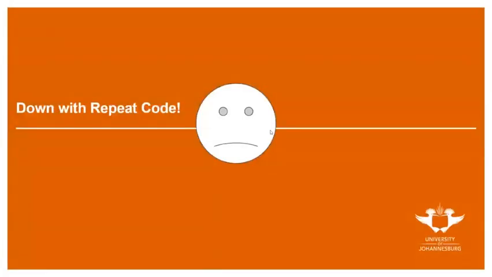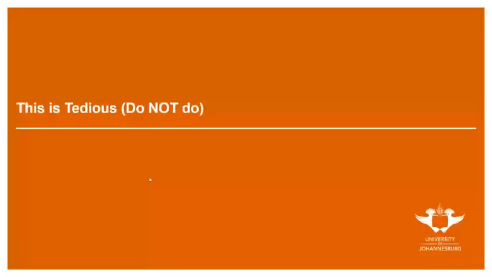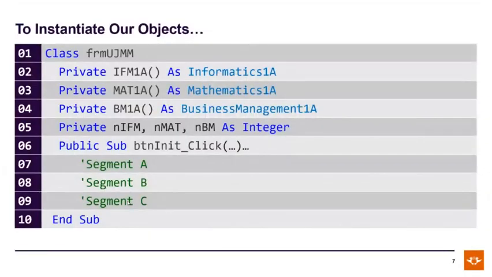why is this bad? What about it? You can tell me what's bad about it. Repeating code. That is correct. You're repeating code. It's tedious. Repeating code is tedious. It's called redundancy.